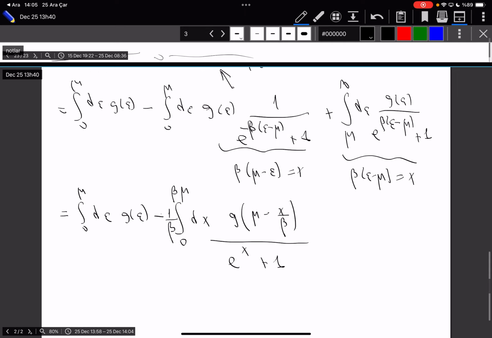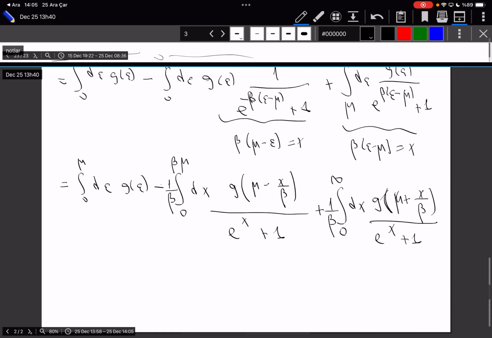For the other integral I will do the same thing: when epsilon is equal to mu, the lower limit is 0, up to infinity. The dx, I also have 1 over beta. G of epsilon is g of mu plus x over beta, divided by e to power x plus 1.